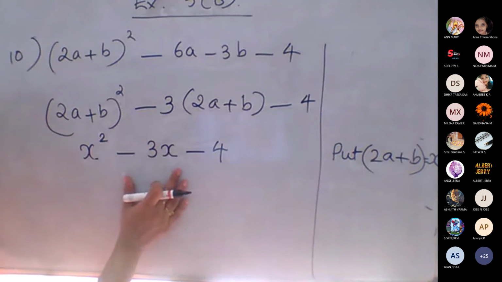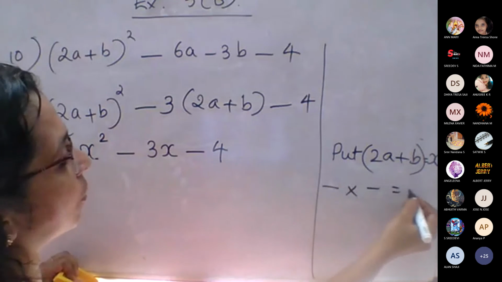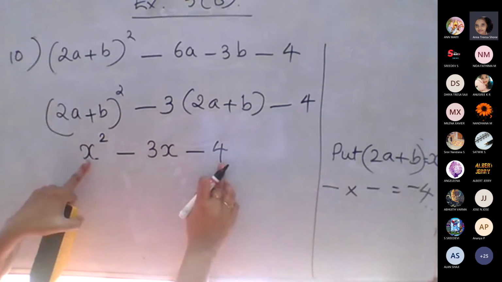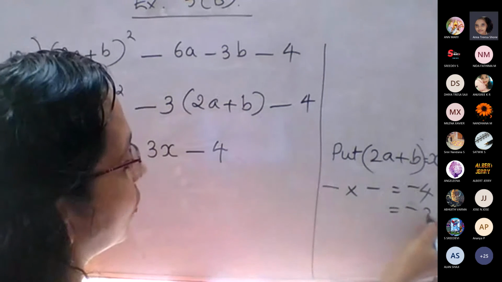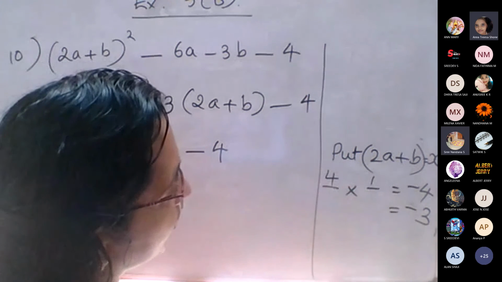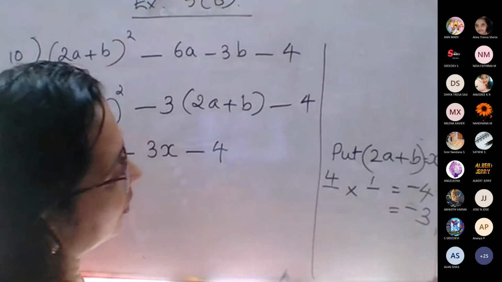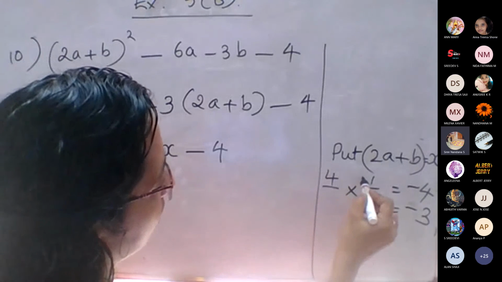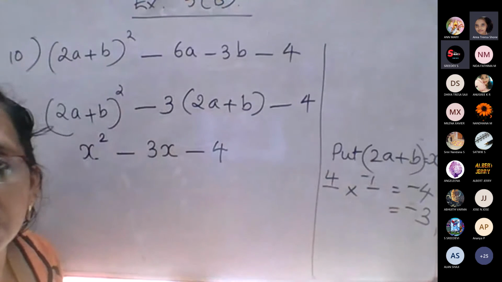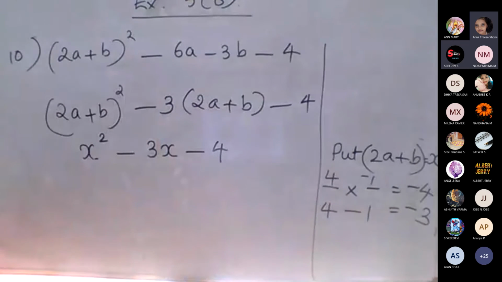So this is a quadratic. We need two numbers whose product is negative 4 and whose sum is negative 3. Which are the two numbers? 4 and 1. 4 into negative 1 is negative 4.